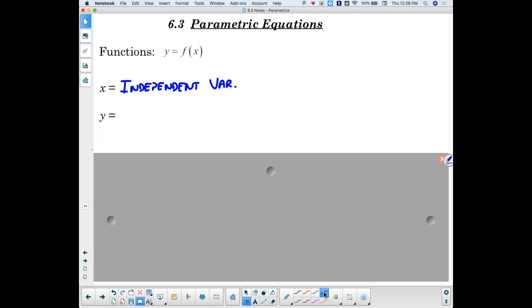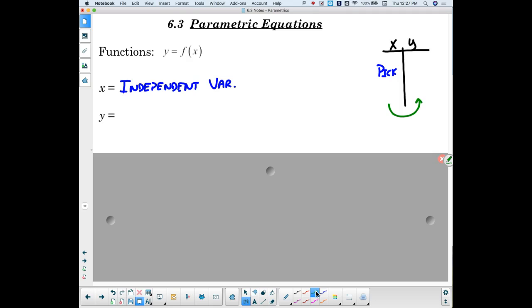Because if we don't know what the graph looks like, we pick different x's, then we plug those into our function, and we get out y values.